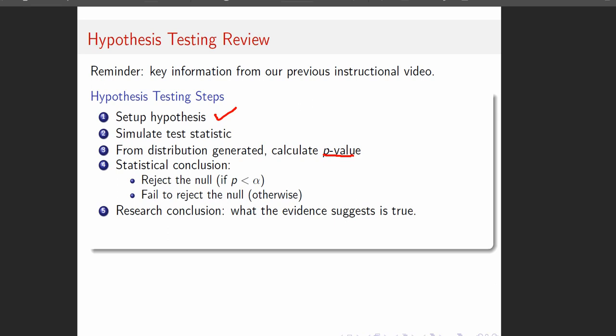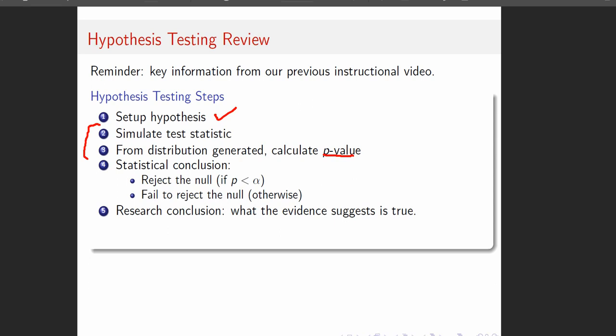So first we simulate the test statistic, and then from that distribution, we calculate a p-value. Now, these two steps go together, and often we can have Python do that in one command. Okay, and last time it was stats.ttest_1samp for one sample t-test, right? This is a two sample t-test, but again, a very similar name will work.